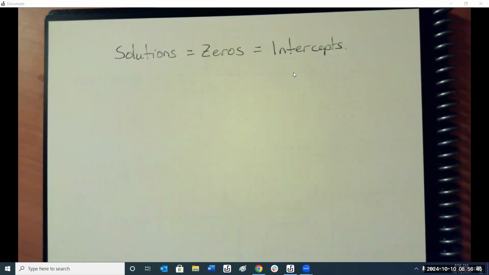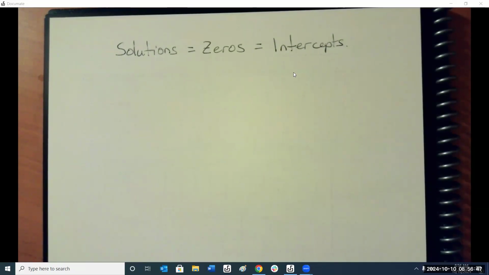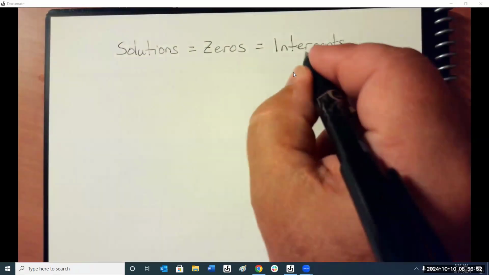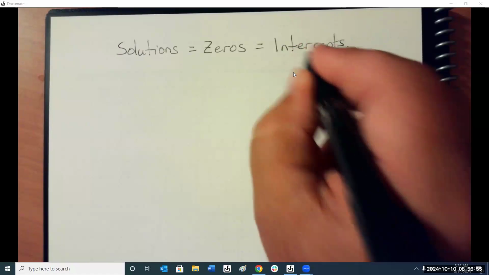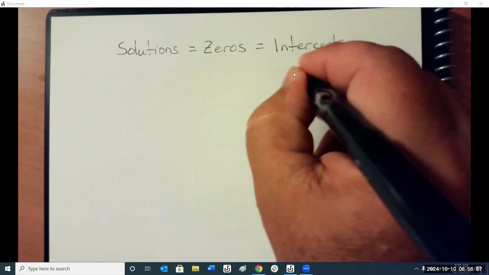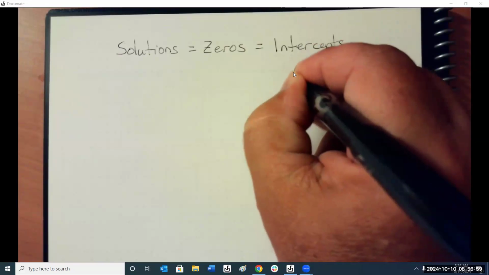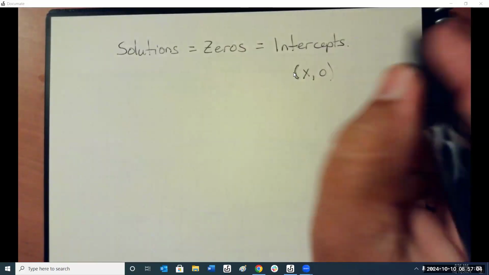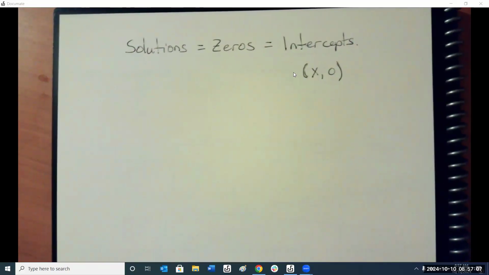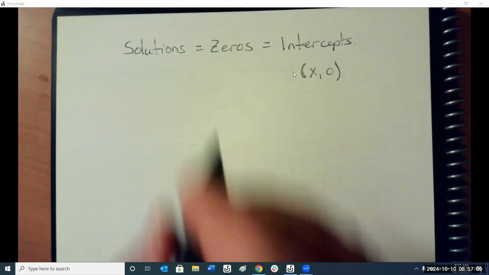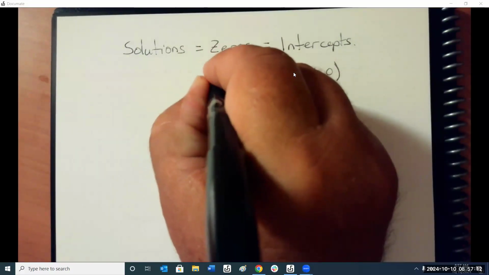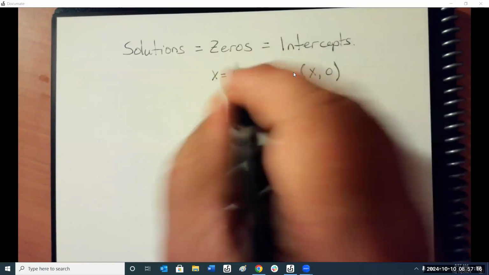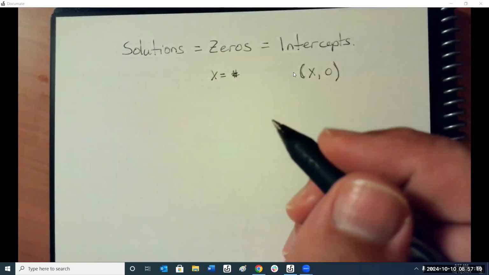Pretty much where the graph crosses the x-axis. Solutions, intercepts. Remember, the intercept is an x-intercept. This is a location. The zero is what x value will make the equation equal to 0.